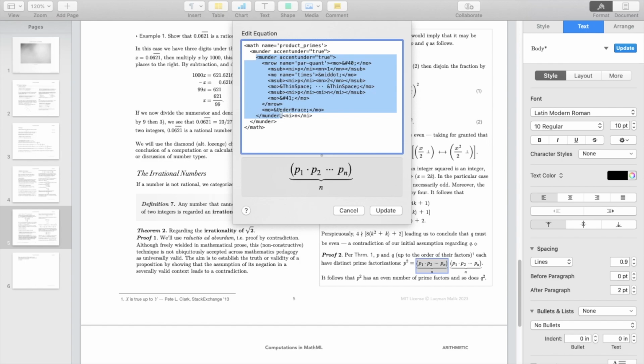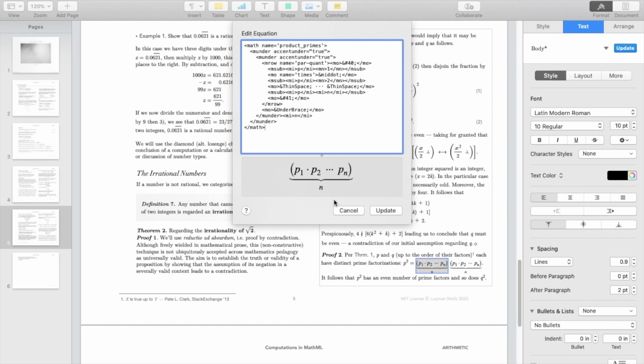And the second one, right beneath that, goes right in here, fits right in there, right? The N under the underbrace, our index, our counter, right under the underbrace. And then we close that. And then we close that guy. Then we close the math tag, close the math stack, and we're on our way.